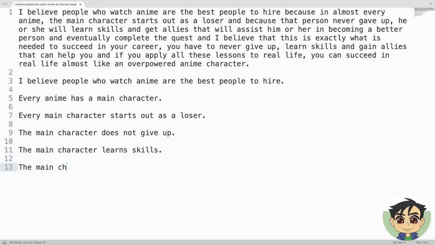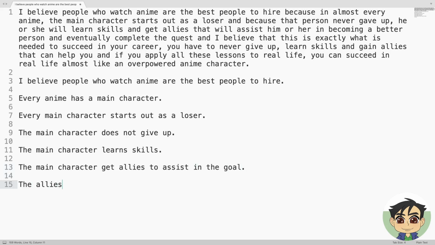The main character gets allies to assist in the goal.